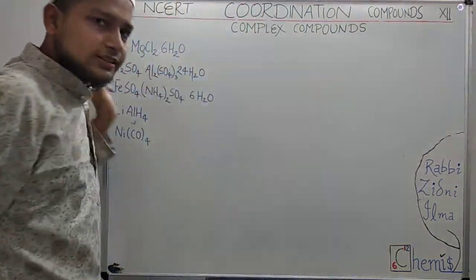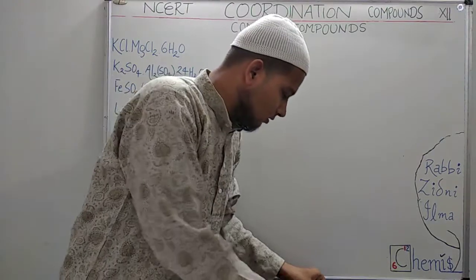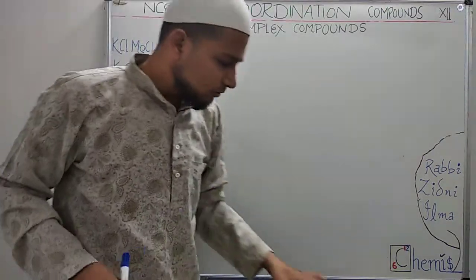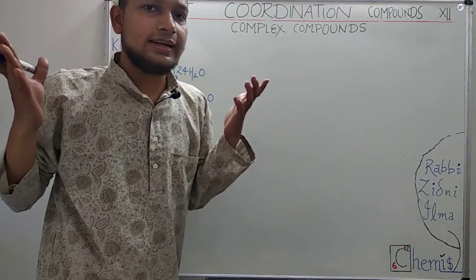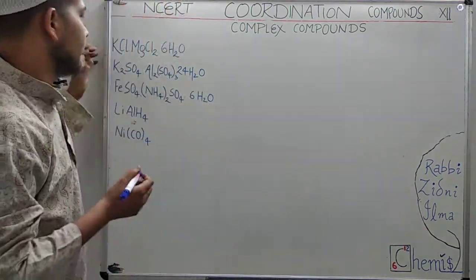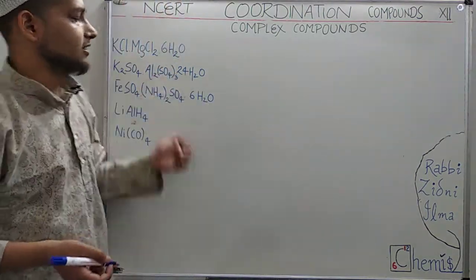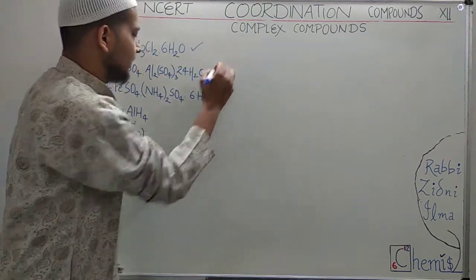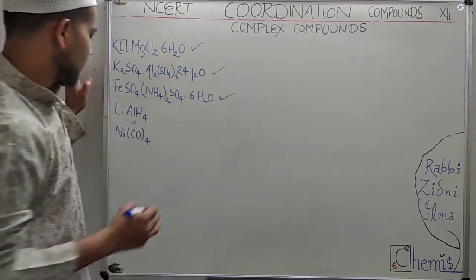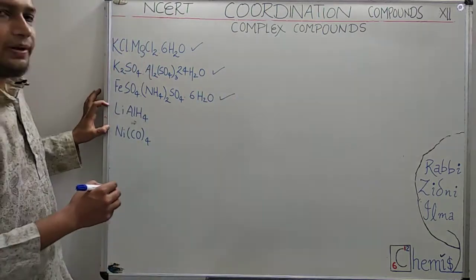Now, as the name suggests, coordination or complex compounds. Most students think it is something complex, some structure that is highly complex. And look here, if I ask any student which of the following is complex, he will say, sir, this looks complex, this also looks complex, and these, they look simple in structure.